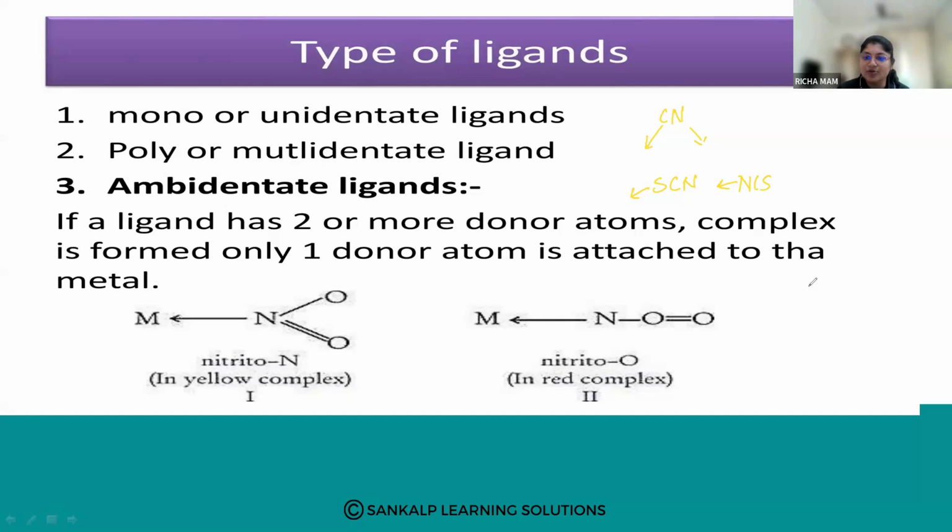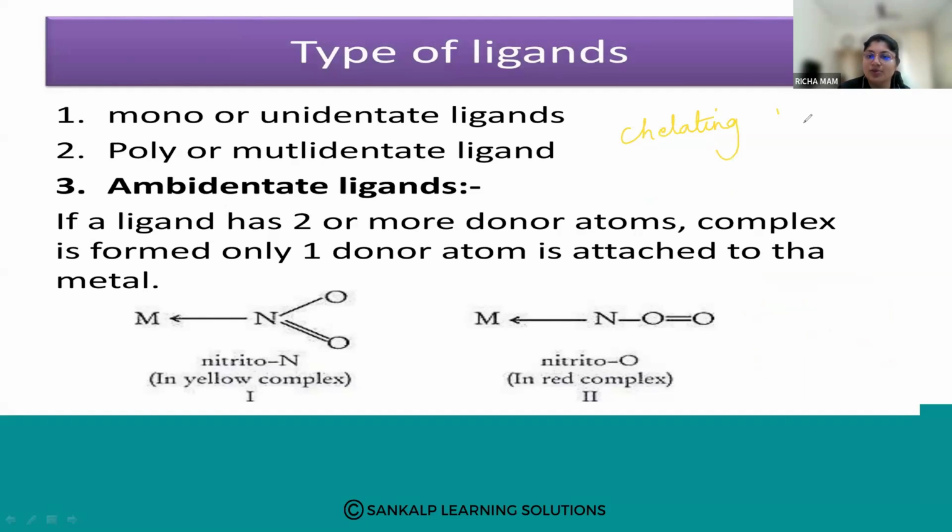Then we discussed the nitro group. It can link from nitrogen, and also it can link from oxygen, right? So these are the amphidentate ligands. In the same molecule, you have two or more donor atoms, but only one donor atom gets attached to the central metal atom. Such ligands are called amphidentate ligands.